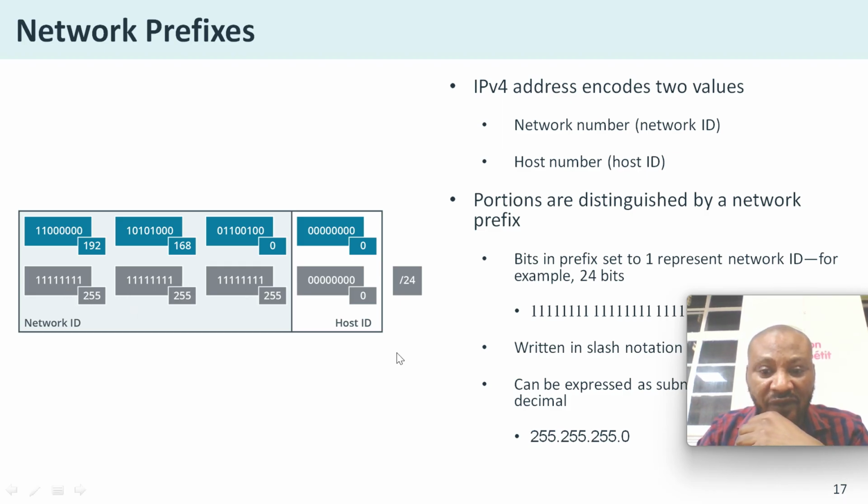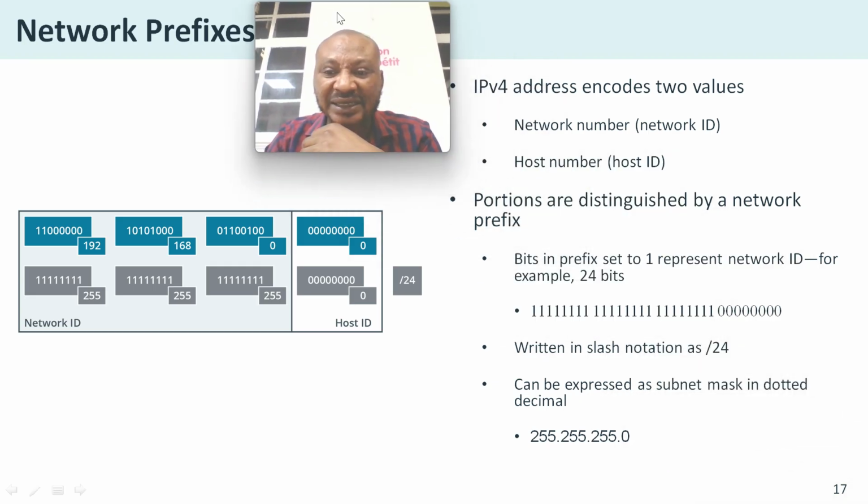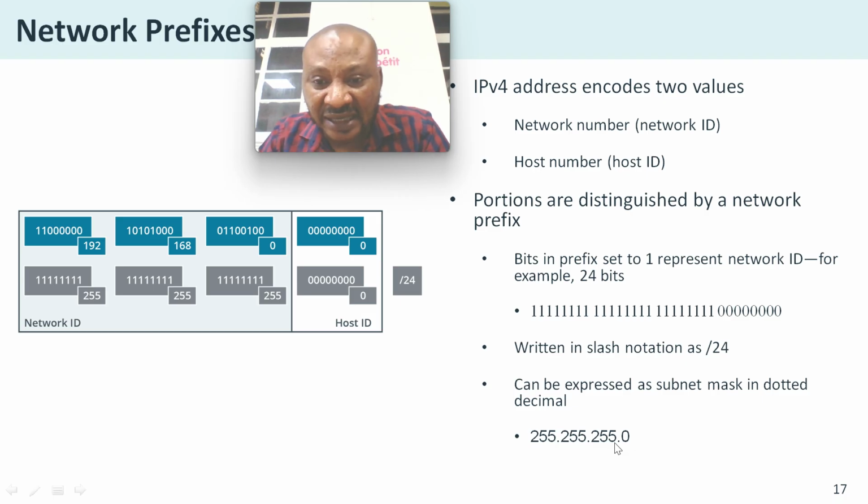So when you see 255.255.255, that is the subnet mask address. The subnet mask address is telling you that all these portions that are 255 are all 1s, all true. So all 8 bits are turned on. 1 means on, and that's what you see here, all of them are on.